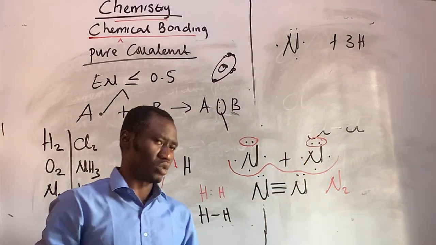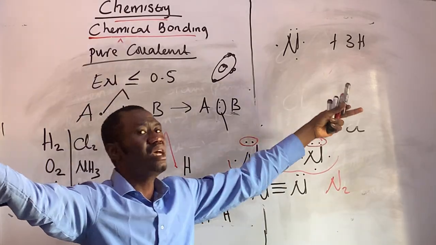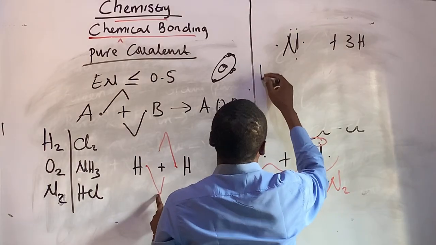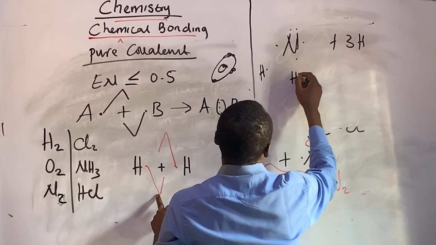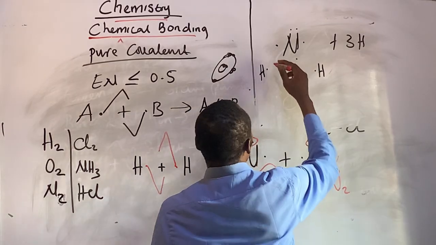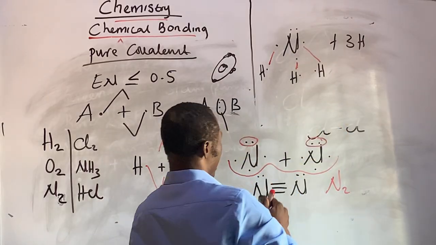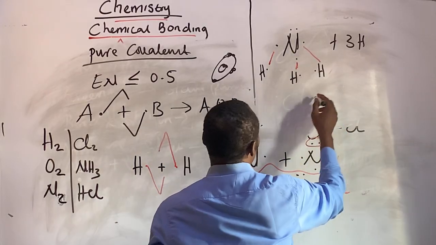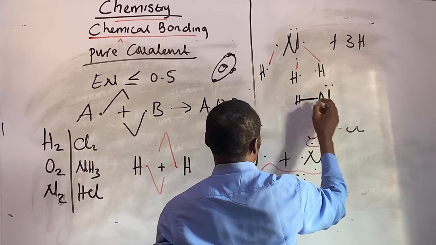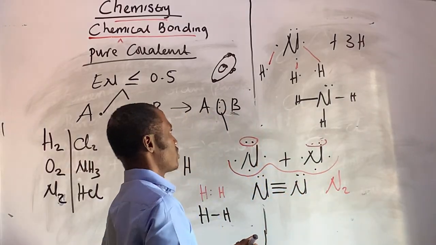If each hydrogen bonds to the nitrogen, there'll be 1 hydrogen here, 1 hydrogen here, and 1 hydrogen here, and they will share electrons.